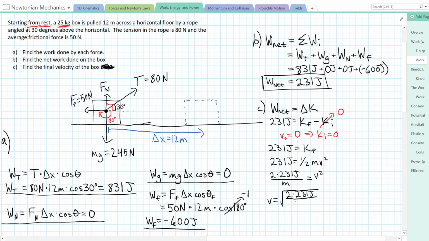So 2 times 231 divided by 25 kilograms, and we can just plug that into a calculator to solve it. We take the square root of that whole thing, and we get 4.29, actually 4.3, the correct number of sig figs, meters per second.